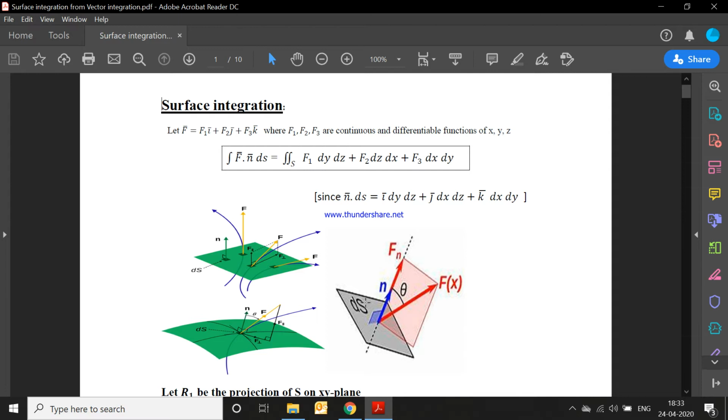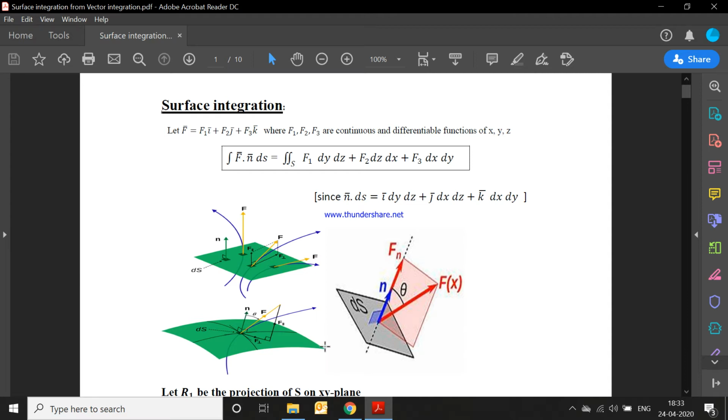This square part is a ds from this curved surface. So the surface integration is explained with projections.